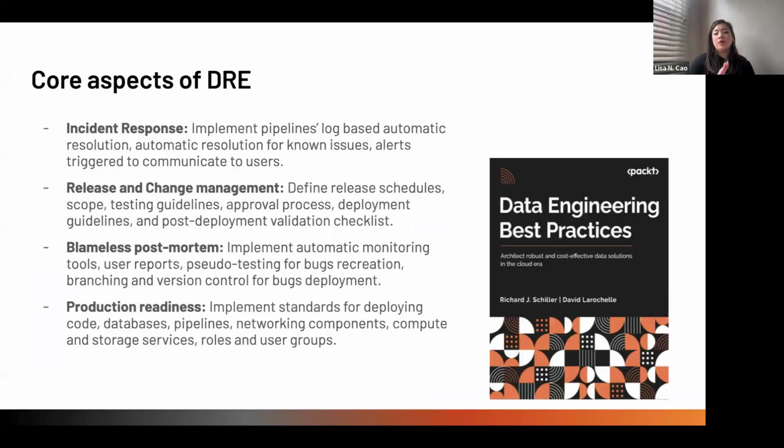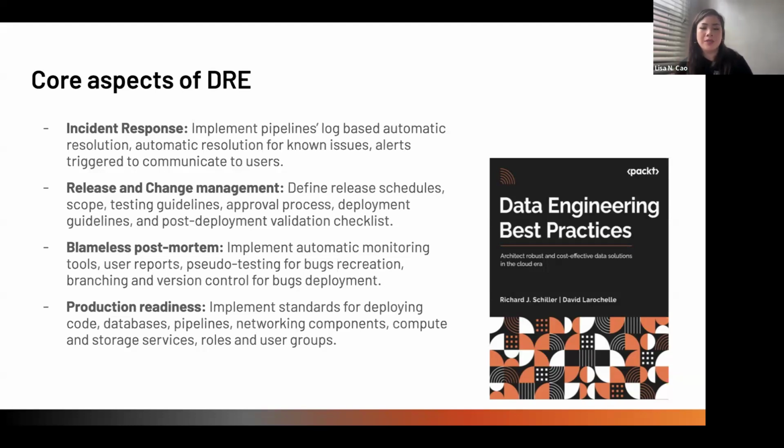So if we look at some of the core aspects of data reliability engineering, and this isn't a book that's marketed as data reliability engineering, but I think if you're a DevOps engineer, this is probably one of the best books that you can get, to explain how, if the data engineering platform is already set up, you can bring the tooling that you have in terms of software engineering and DevOps tooling in order to elevate what they've already created.